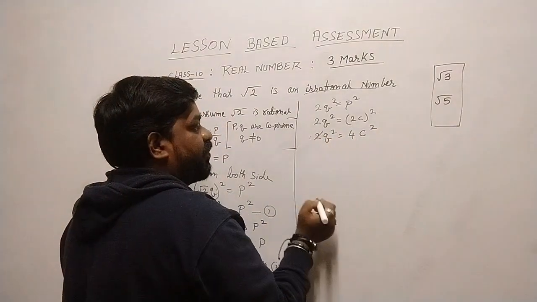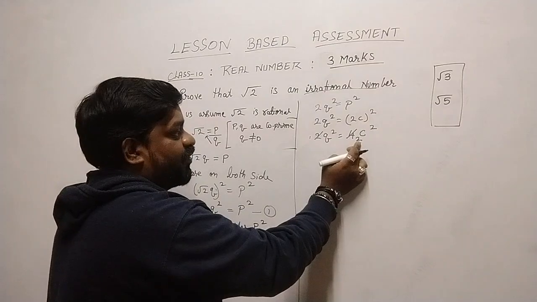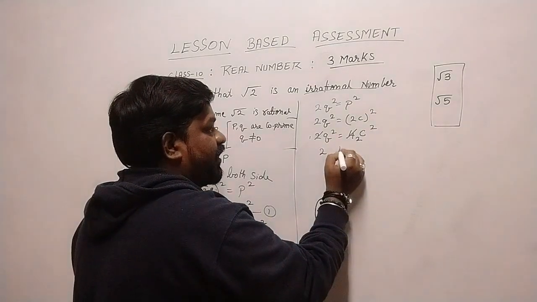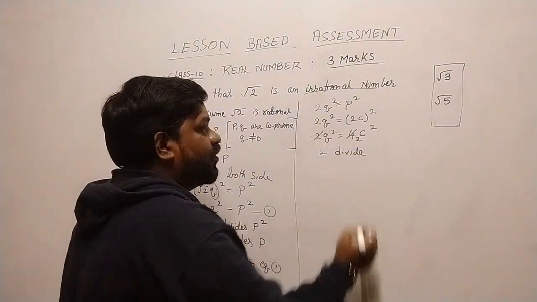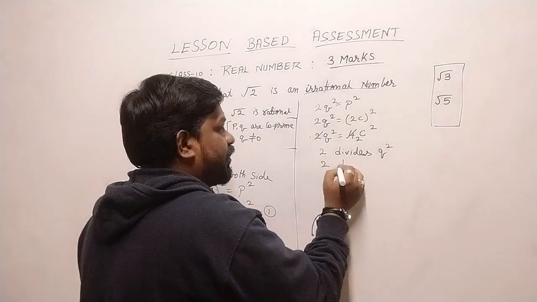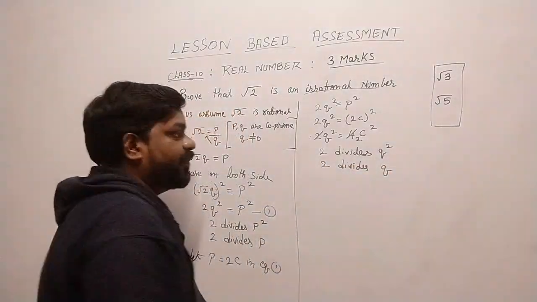Now we can divide it by 2, 2 ones are 2, 2 twos are 4. Now 2 is left out here. If you shift towards the LHS, you can divide q square. Therefore write 2 divides q square and 2 divides q.